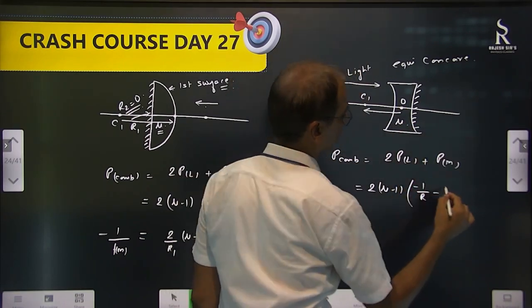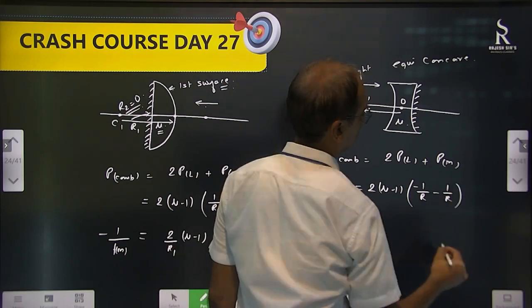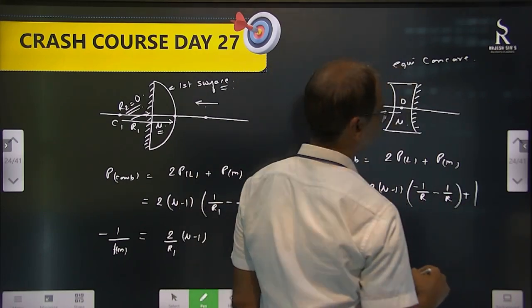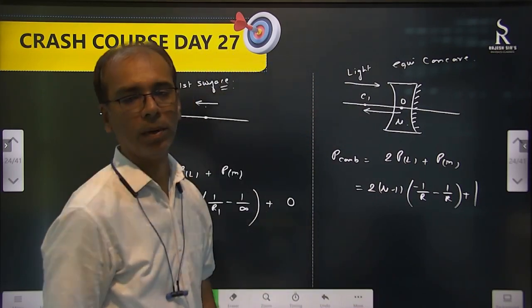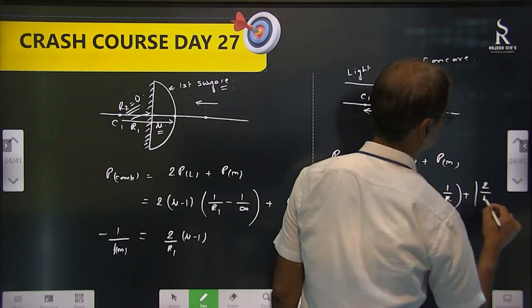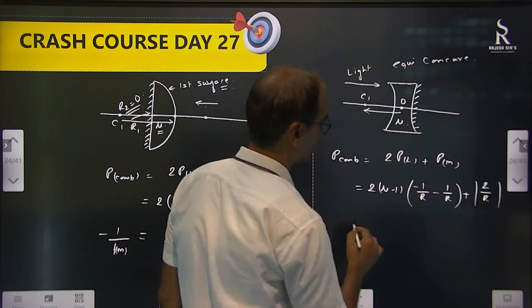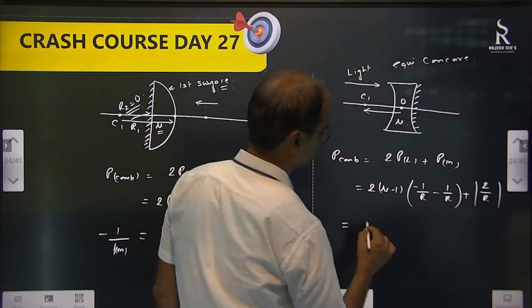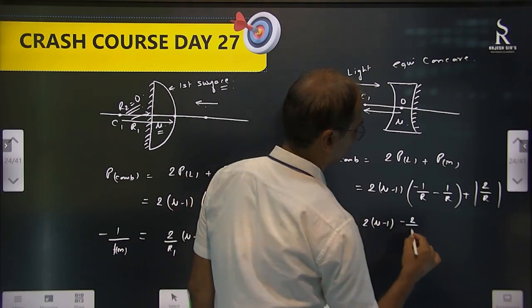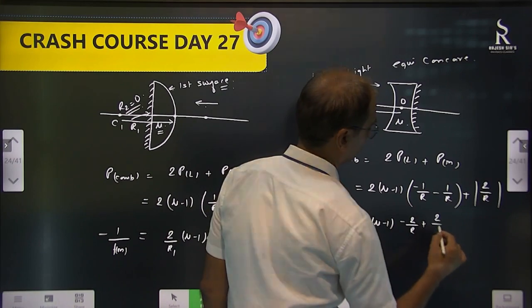R2 is positive. Then plus power of the mirror. Power of the mirror will be 1 by F, and 1 by F is R by 2, so here it's 2 by R. Okay. Here is 2 into mu minus 1 into minus 2 by R, and here is plus 2 by R.